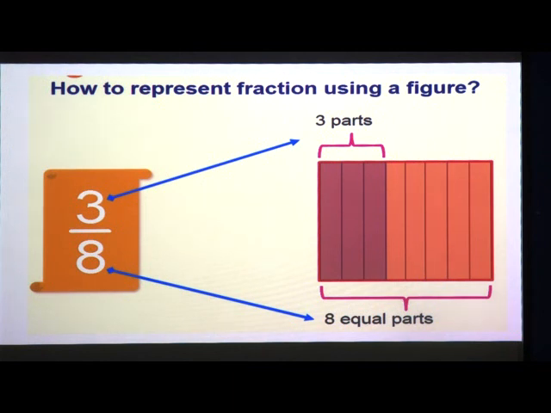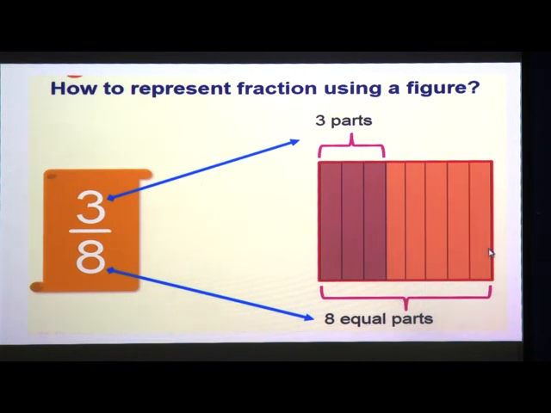Now, next one: how to represent a fraction using a figure. You can see this figure, the total parts. This figure is divided into 8 equal parts: 1, 2, 3, 4, 5, 6, 7, 8.